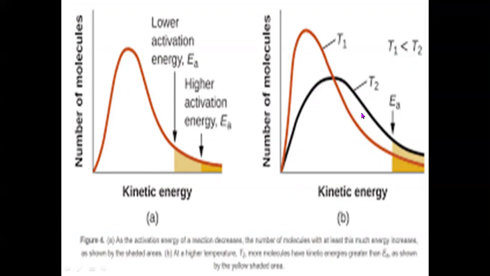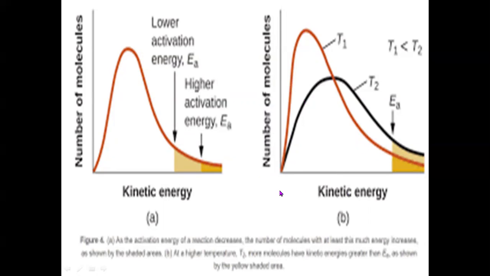If you observe these two curves, these are the number of molecules which have this much energy. As the temperature increases, the number of molecules which have more energy is increased. You can see that.